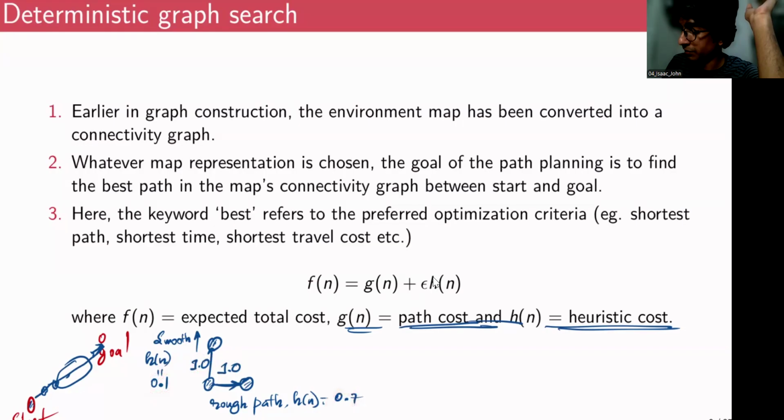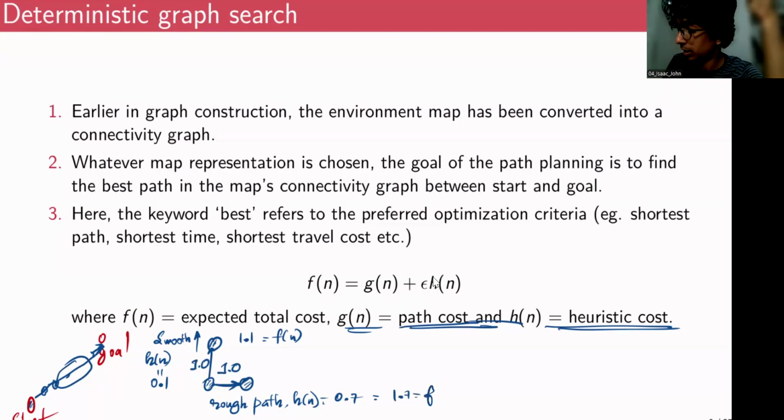So if you take a sum of this path cost and heuristic cost to move in this vertical smooth direction, you only require 1.1 units of energy, which is your f of n. And if you want to move in this horizontal direction, you have to spend 1 plus 0.7, that is 1.7.